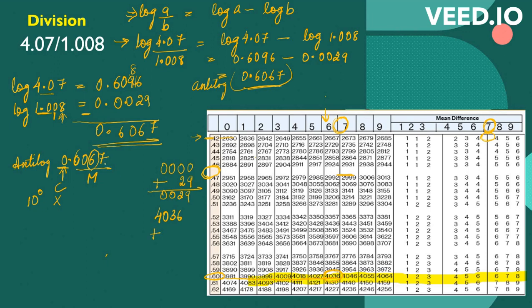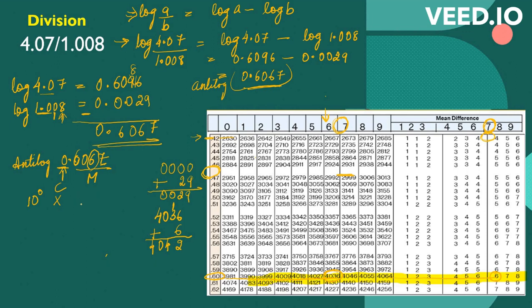Plus, why am I doing this? Because we have one more number. What is that? 7. So the row will be 0.60 only, but in column number 2 you have to check the 7th one, right? That is nothing but 6. So plus 6 you do. 6 plus 6 is equal to 12. 1 carry over, 404. This is the value that you obtain of the mantissa.